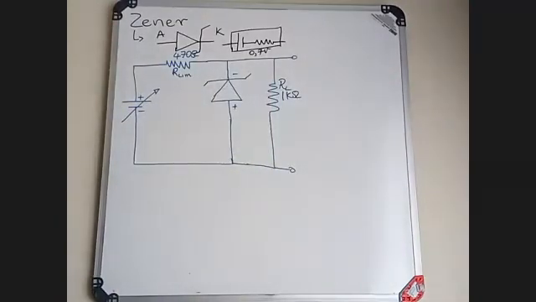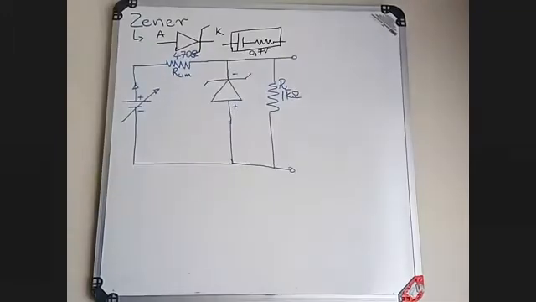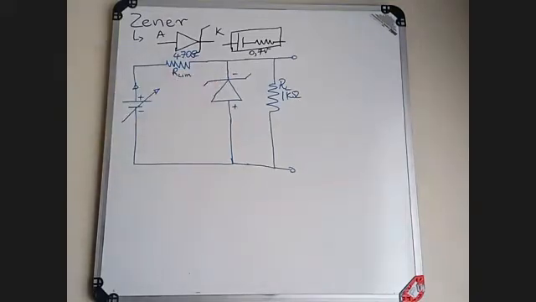Then I will have the current flowing from my energizer, but the magnitude of the current I cannot define at this point in time, because I need to vary this voltage so that the variation of this voltage will give me the stable output voltage.